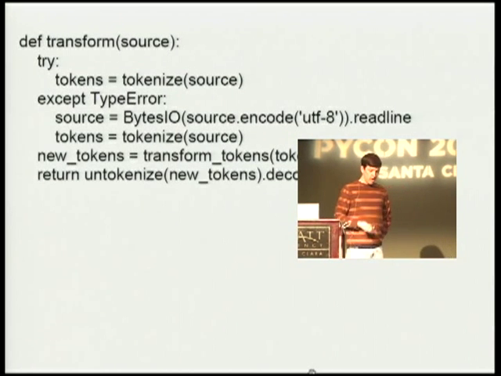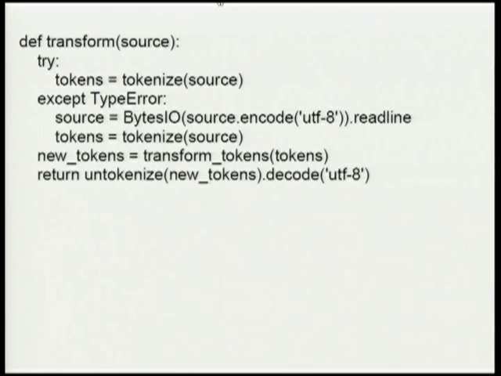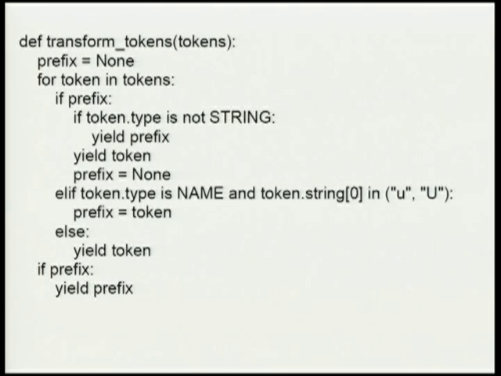So first of all, let's say you had some source, some code, that you wanted to transform somehow. You're going to tokenize it and do some stuff to it. And what would this be useful for? Let's say you wanted to strip the U prefix off of strings. That's a meaningful use case.